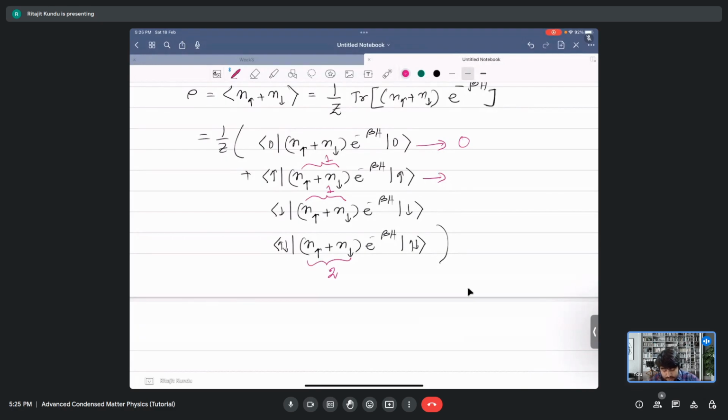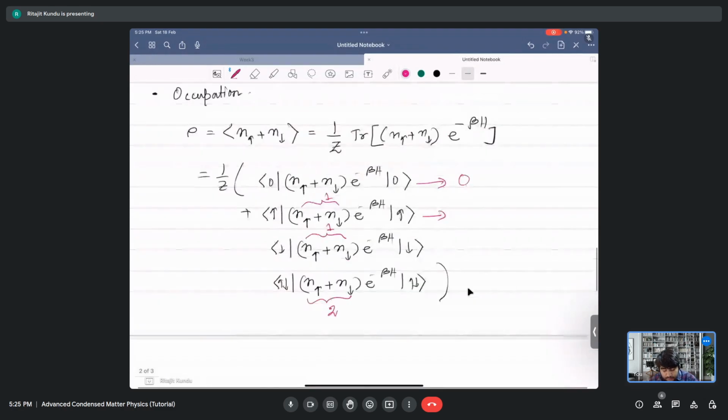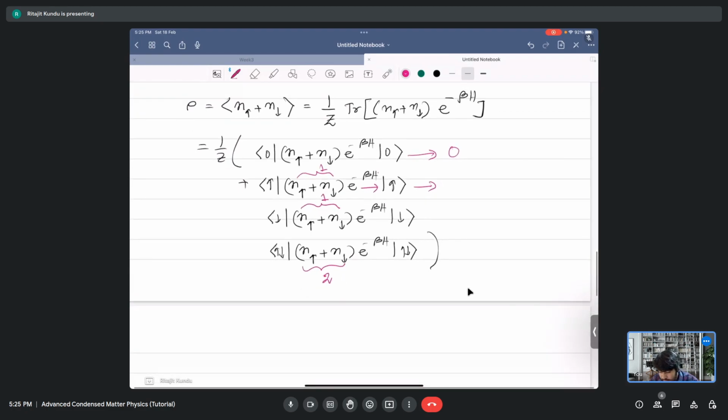So let's just write them out. We'll put this operator on these states, and we'll just write in terms of eigenvalues, right? So let's do that.